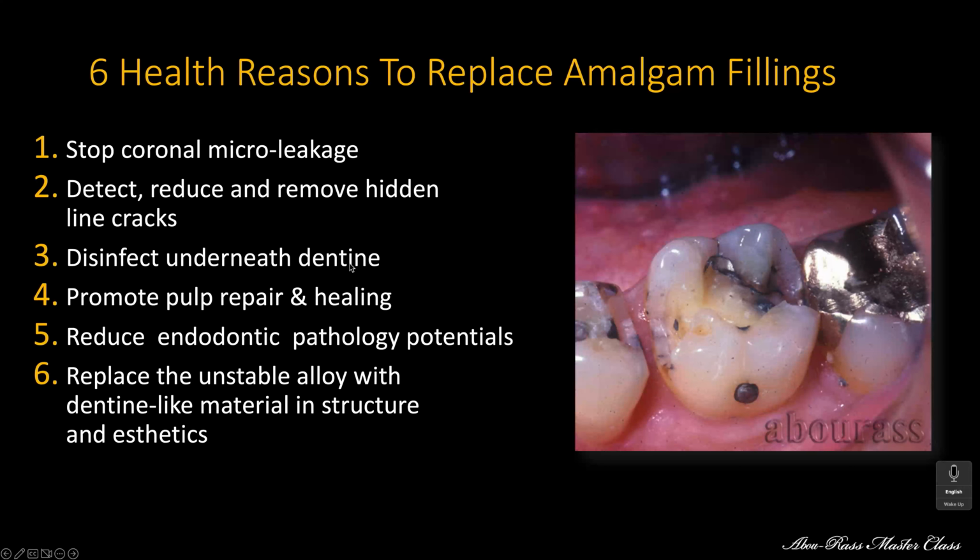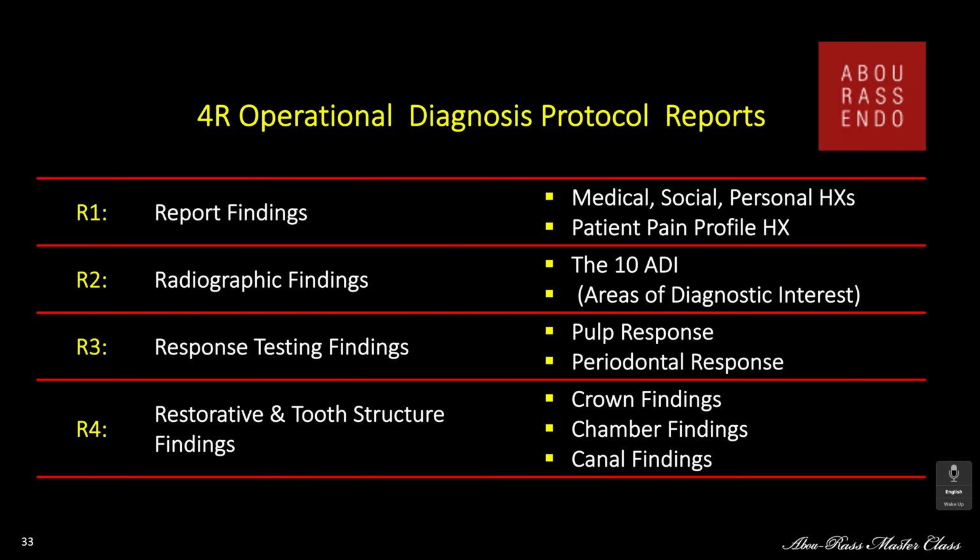We need to disinfect the dentin underneath, promote pulp healing and repair, and reduce the potential for endodontic disease, and replace the amalgam with material which is similar in modulus of elasticity to dentin, which is composite.